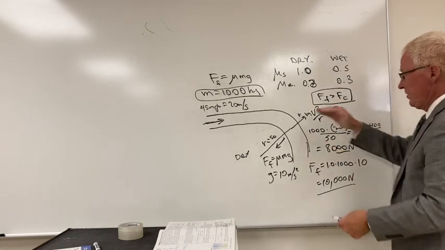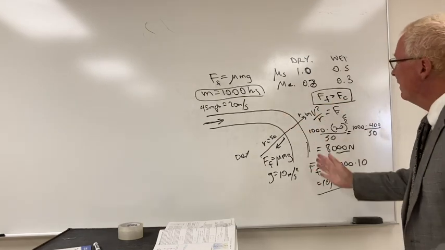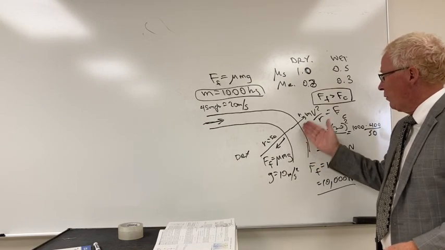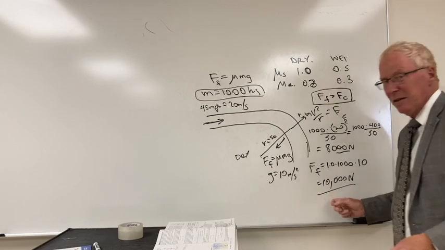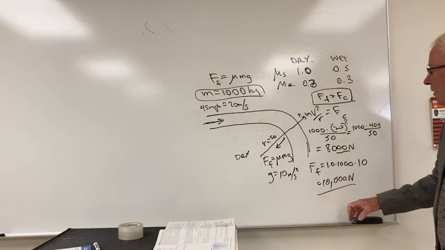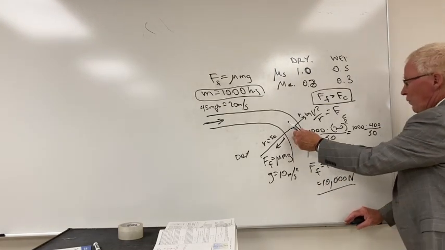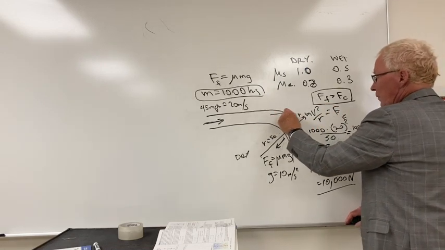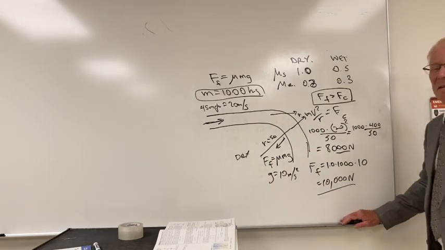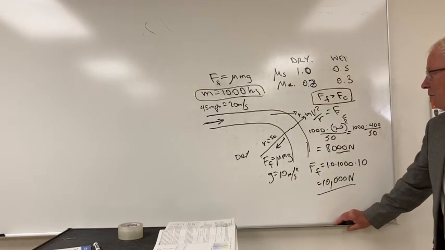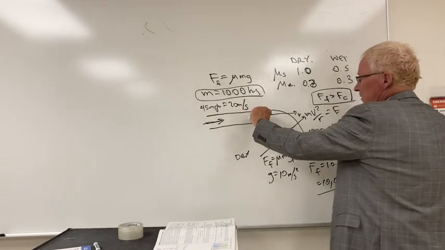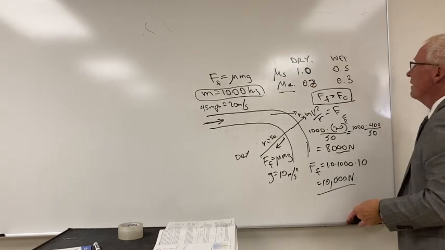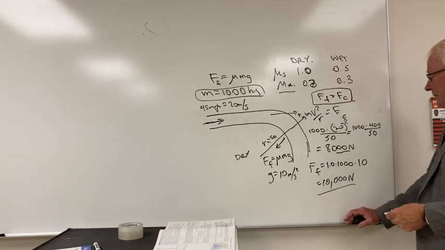Because the frictional force is not literally going to pull you in. What it'll do is maintain the resistance, so it'll counteract whatever the centripetal force is up to a limit of 10,000. On the other hand, if the centrifugal force is too strong, stronger than this, then you'll go flying off the road, all right? And Newton's first law will take over right away, because if you start sliding, you just start going in a straight line, because kinetic friction is less than static friction.